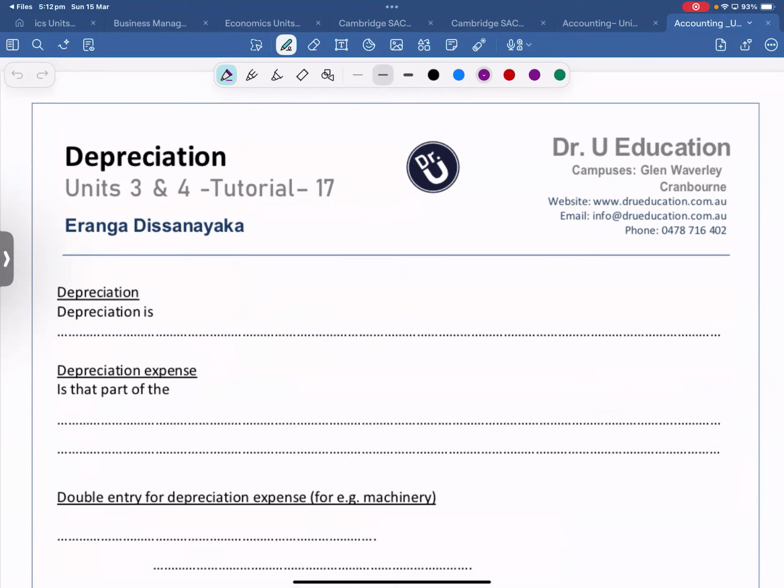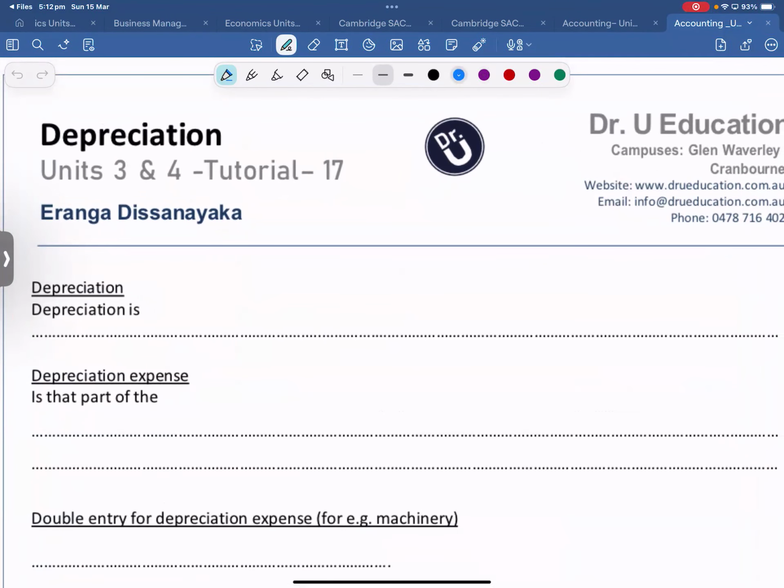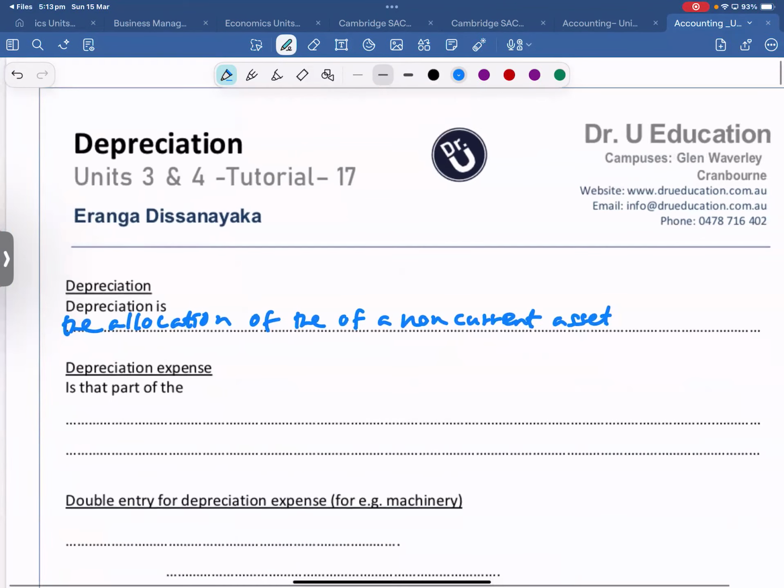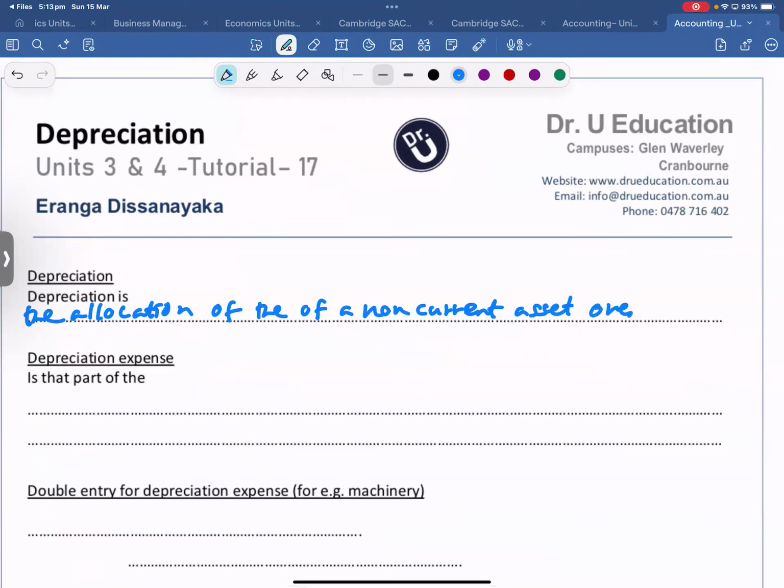We'll do first the theory. Depreciation is the allocation of the cost of a non-current asset over its useful life.